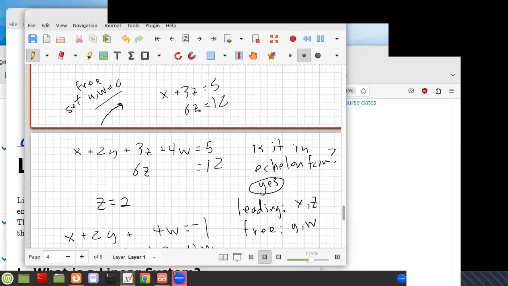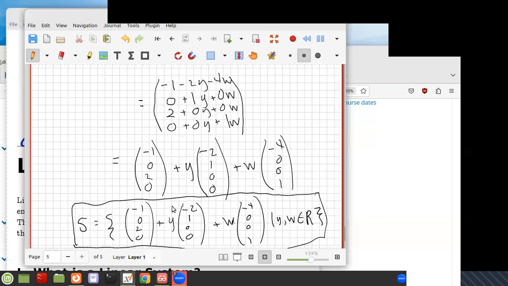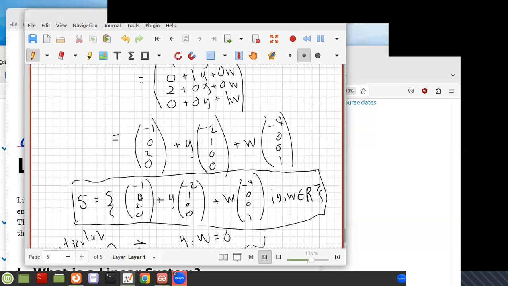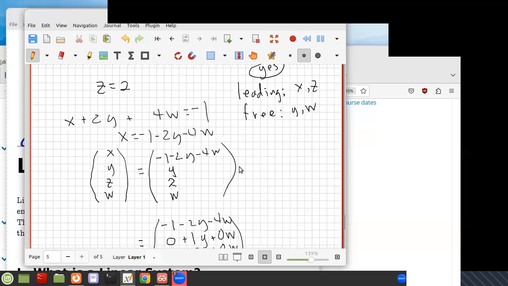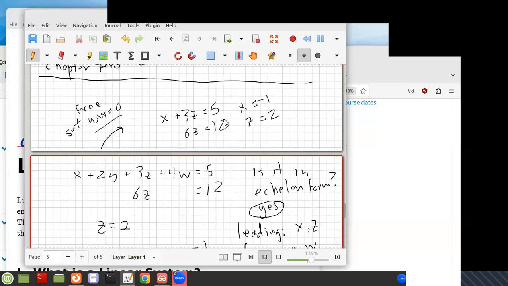So I know that y and w are 0, and then z equals 2, of course, and then I can put in x equals -1. Well, that gives me one solution, -1, 2, 0, 0, which is this particular one, -1, 0, 2, 2, if I order them correctly.